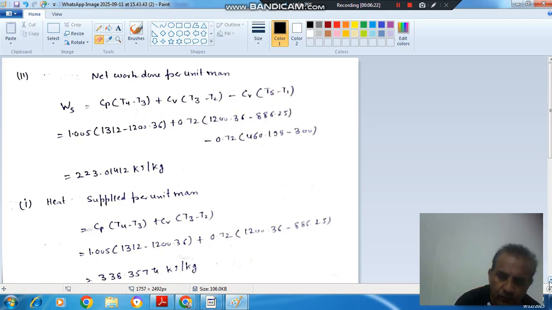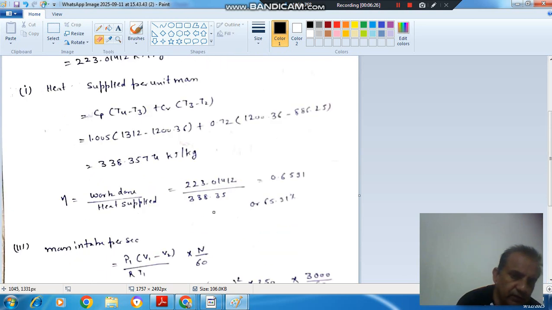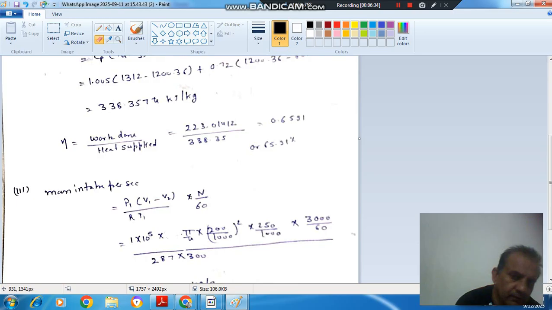And the mass intake per second: this is the volume intake, you can say swept volume, and P1 is pressure, T1 is temperature, R is the characteristic gas constant, m is the mass. This will be the mass intake per cycle. If you multiply it by N by 60, then it will be mass per second.